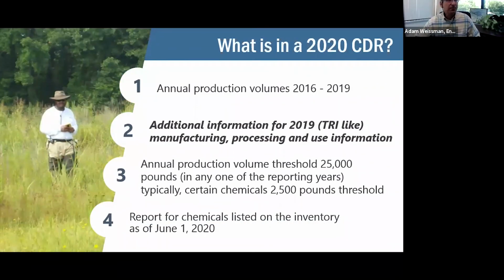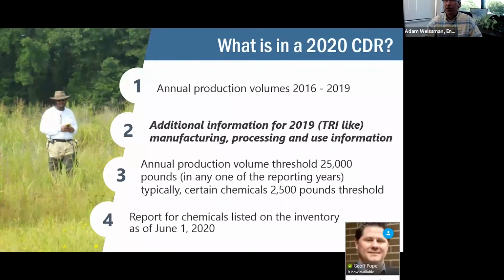So what's in a chemical data report? What's in the CDR? Well, for the current cycle, the 2020 CDR, the report obviously will contain, and it does contain, production volume. So how much of this chemical is being manufactured or imported for the 4-year reporting cycle.